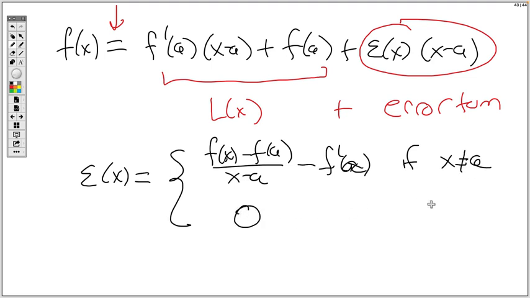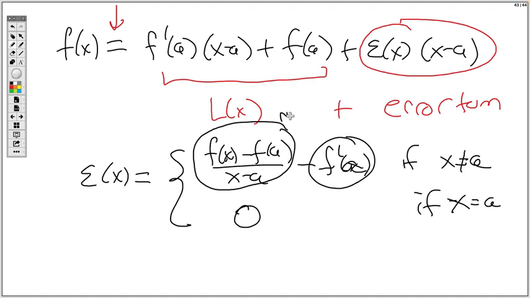And then we'll define it to be 0 if x equals a, because if x equals a, the slope of the tangent line and secant line are the same. So really all this epsilon thing is, it's the slope of the secant line minus the slope of the tangent line.